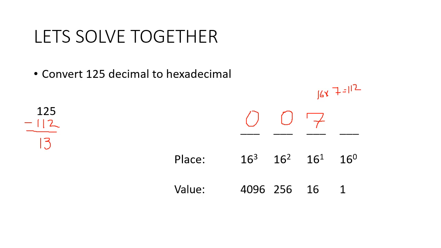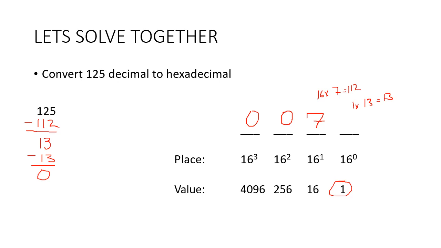Now, moving to the right, my ones place, obviously, I put a 13 here because 1 times 13 is 13. And my remainder is now 0. However, there's a problem here, because 13 is not a digit used with hexadecimal. So we have to replace that with a letter.